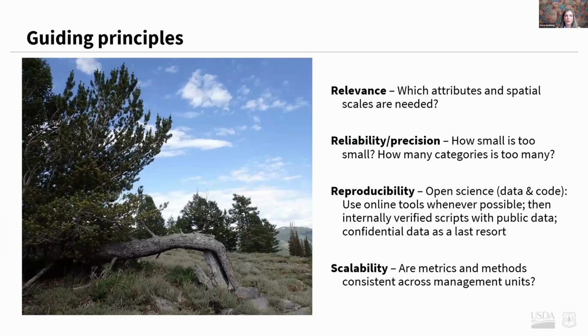So we came up with 4 guiding principles. The first was relevance. Which attributes and spatial scales are most relevant? Second was reliability and precision. So how small of an area is too small? How many categories are too many? And when do managers just need any number as opposed to having no number?